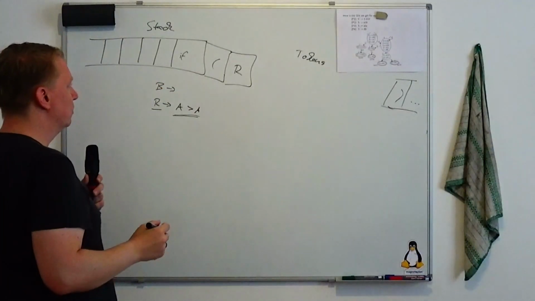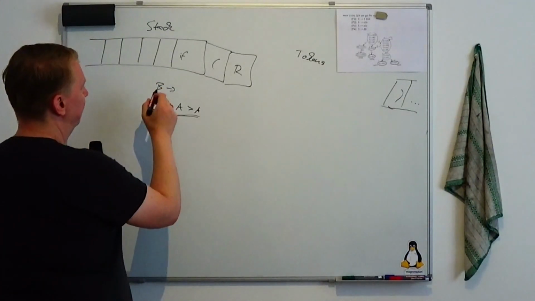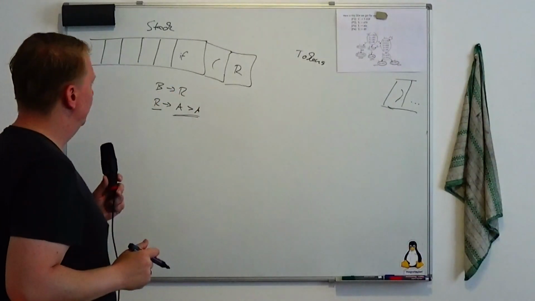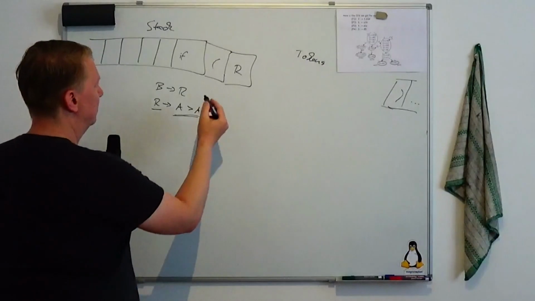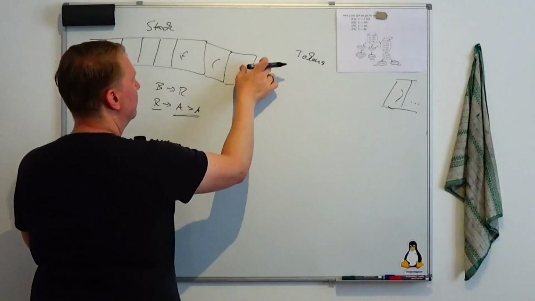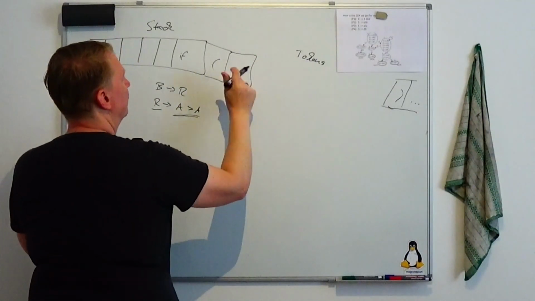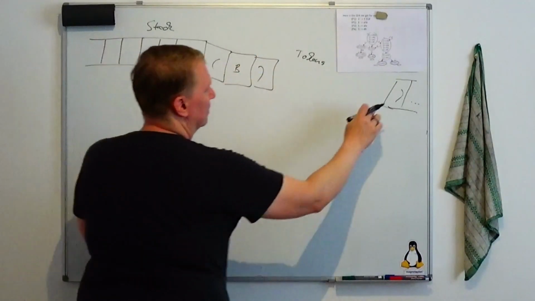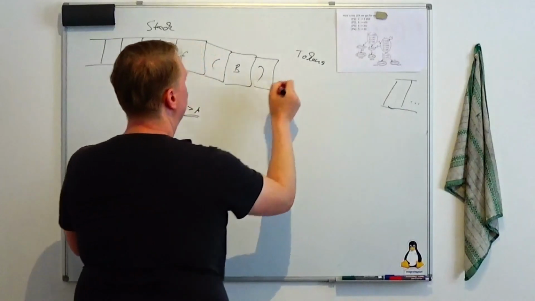And then we had this rule for a Boolean, which said relational expression is a Boolean expression. So the next thing we could do is we could take this R off the stack, make it a B, then shift the close parenthesis and keep on.